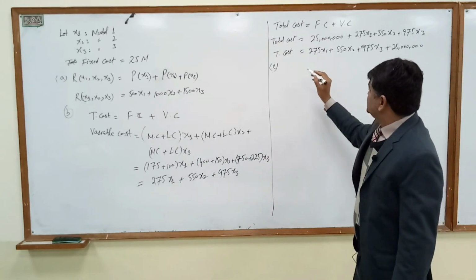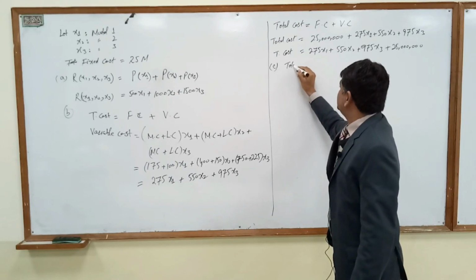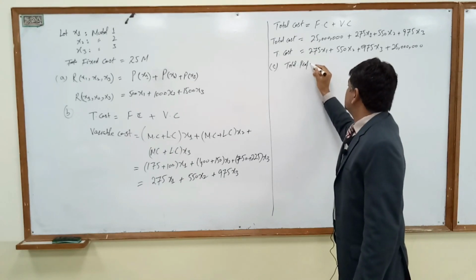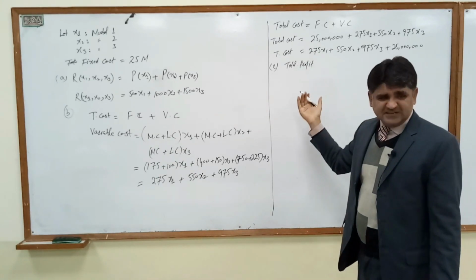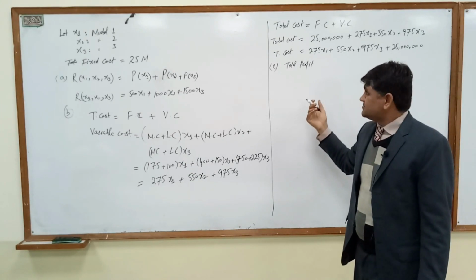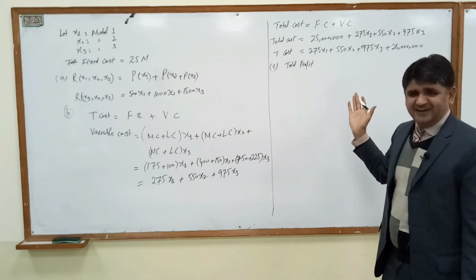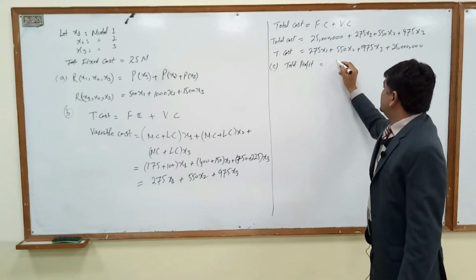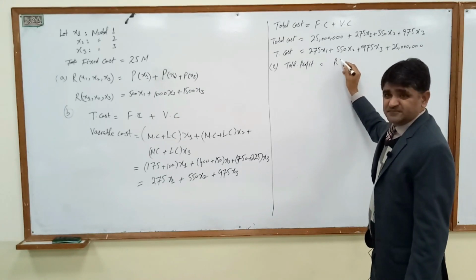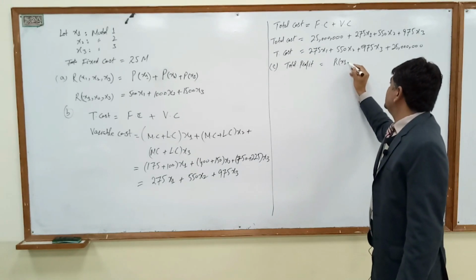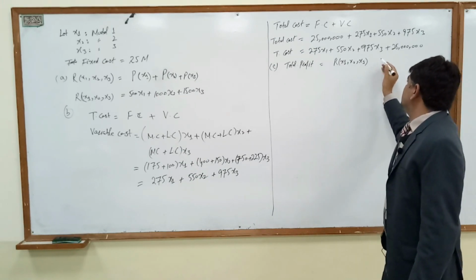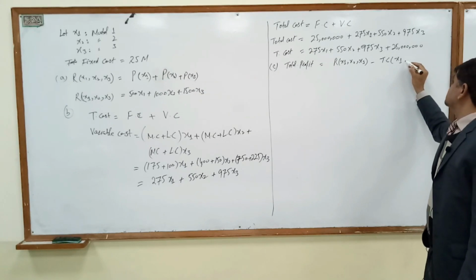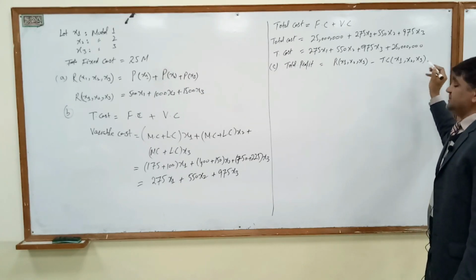So total profit function or profit function, whatever is given, you can write. Profit of what? Of these 3 models, X1, X2, X3. Cost of what? Of these 3 models, X1, X2 and X3. So profit is equal to revenue function of X1, X2 and X3 minus total cost of X1, X2 and X3.